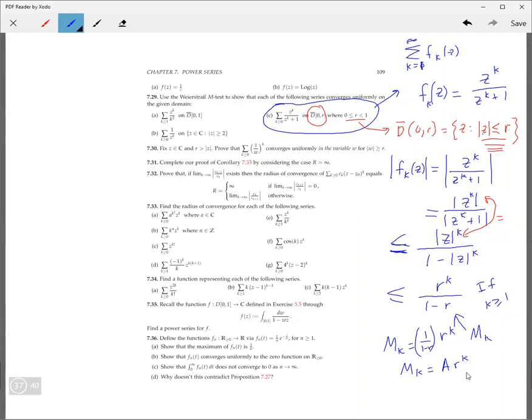Hey, that kind of spells arc. Okay, so think of that as some constant times r to the k. And what can you say about this series? Well, because r is less than 1, this is going to converge.